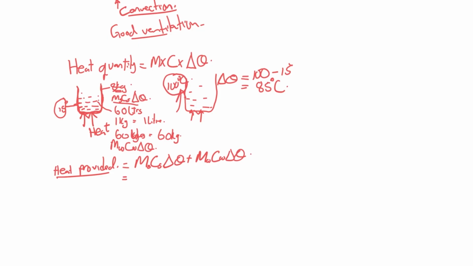Now we substitute: the mass of our saucepan was 8 kilograms times the specific heat capacity of the saucepan was 100 joules per kilogram per Kelvin times the temperature change, which is 85, plus the mass of water, 60, times the specific heat capacity of water, 4,200 joules per kilogram per Kelvin, times the temperature change, which is 85.